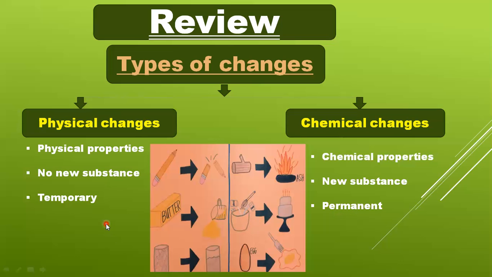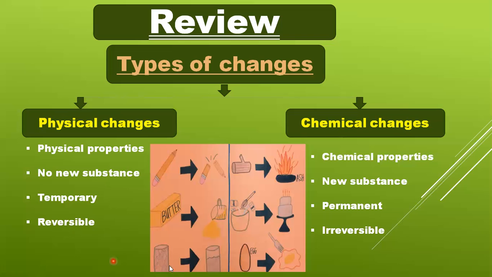Now come towards the last point of difference between the physical change and the chemical change: physical changes are basically reversible in nature, and we have discussed reversible changes. Reversible changes, beta, what are they? These are basically those changes that can go both in the forward direction as well as in the backward direction.